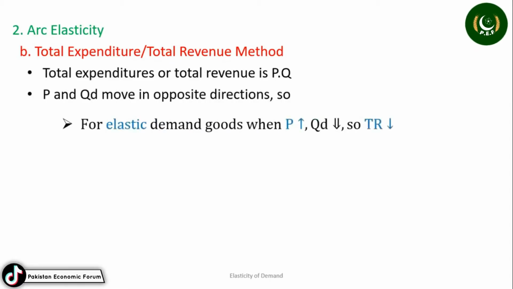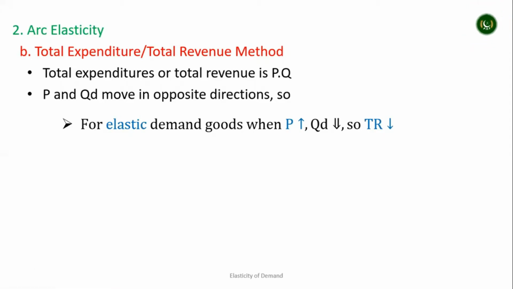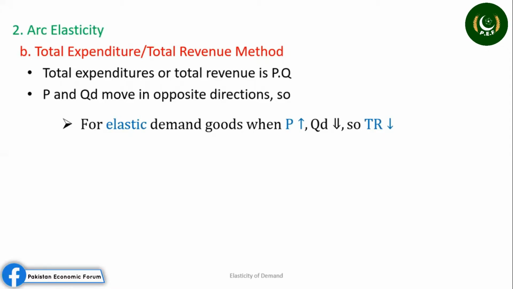Since price and quantity move in opposite directions, the total revenue will move in the direction which dominates.